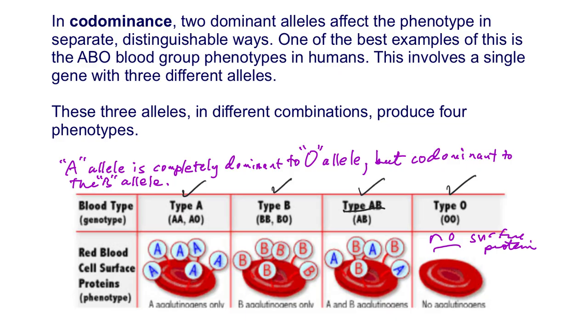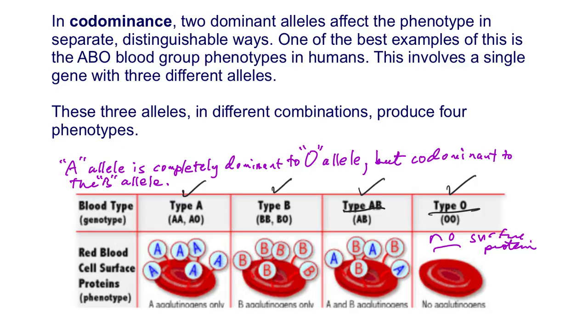If you have type AB, you form both A and B proteins on your red blood cell because they're equally dominant. They're codominant. And if you have type O blood, you will produce no blood type proteins at all on your red blood cells.